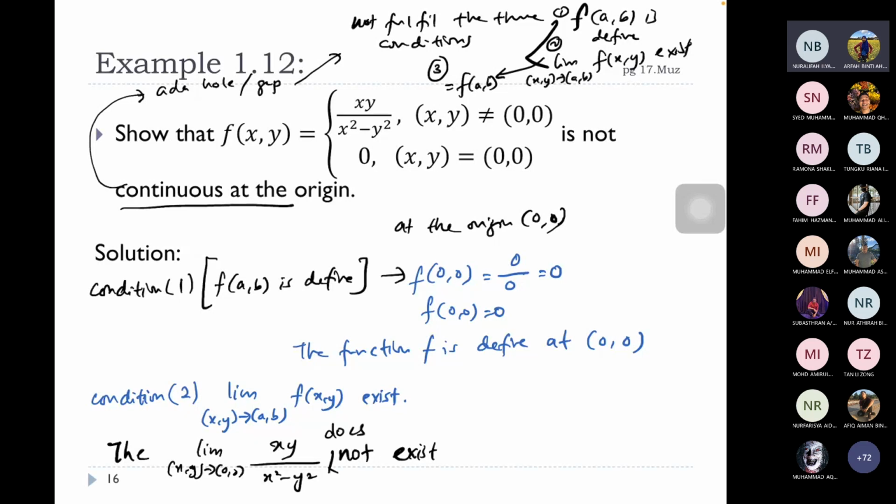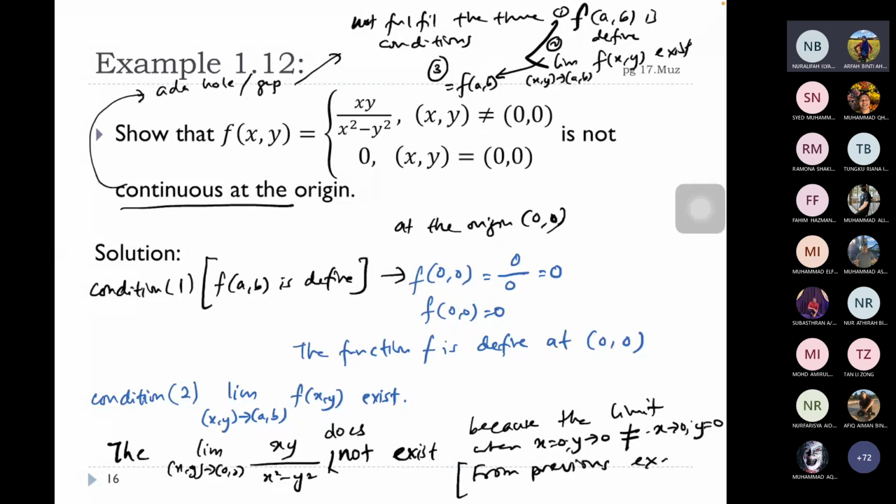Does not exist because, okay, the limit when x equal to 0, y approaches 0 tidak sama dengan limit when x approaches 0 and y equal to 0. Yang ini kenapa tak sama? Kita dah buat from previous example. Refer balik example yang kita buat tadi. Kan kita dapat limit dia tak exist.